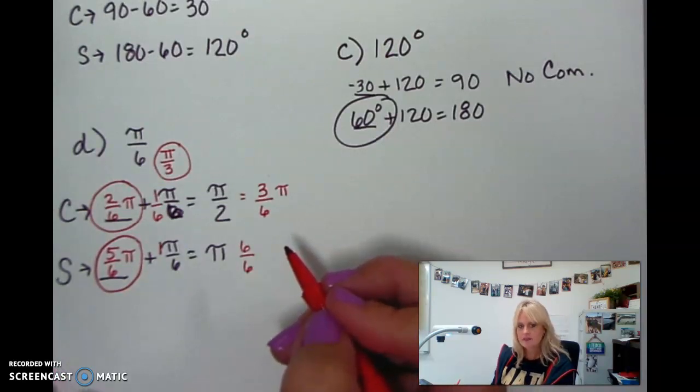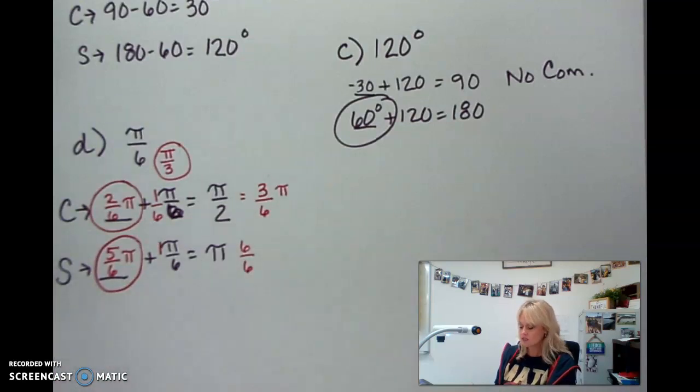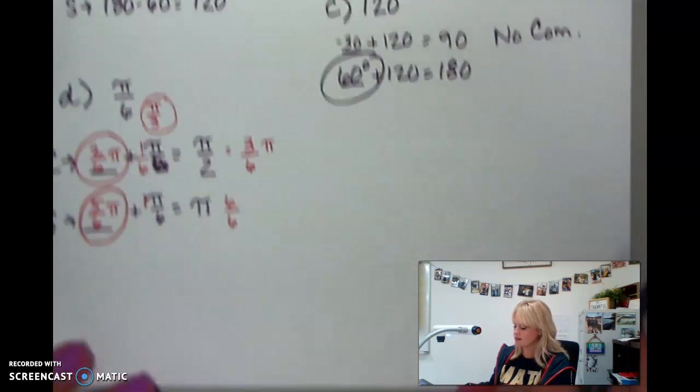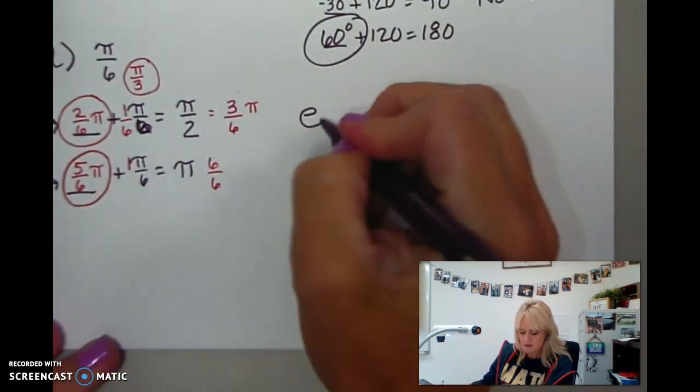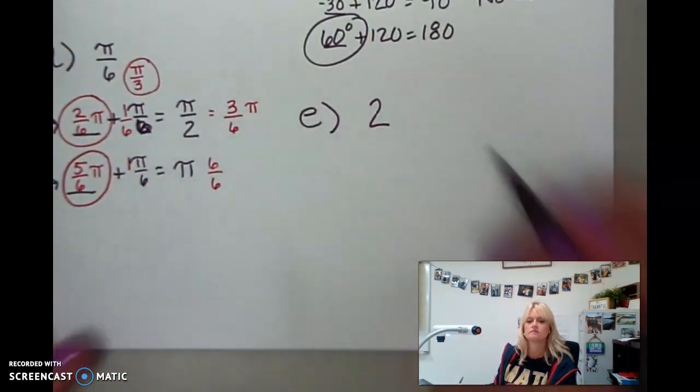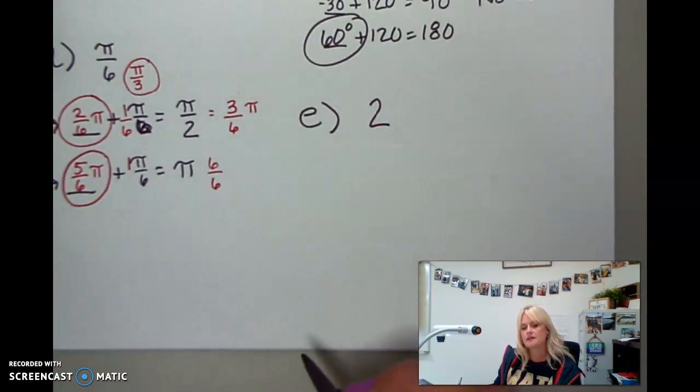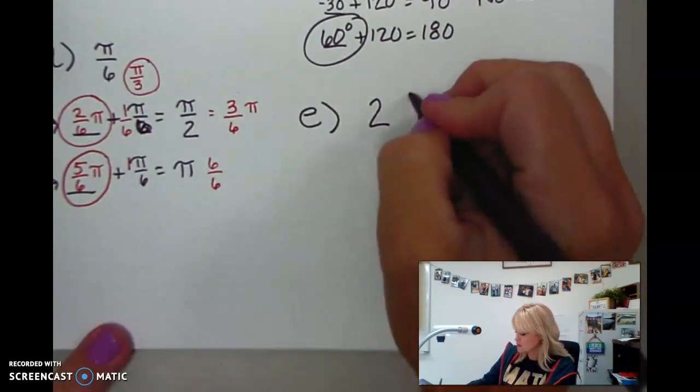Okay? Alright, what if I asked you to find the complementary and supplementary angle to 2. Now, remember we talked about if you do not see a degree symbol, this is the same as 2 radians.